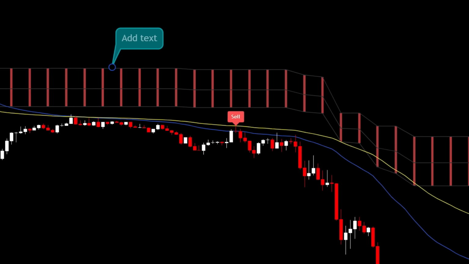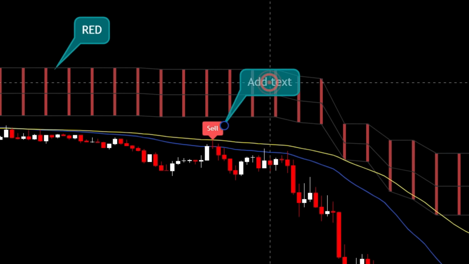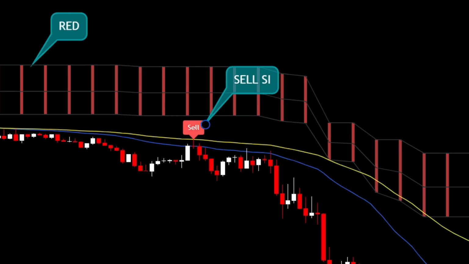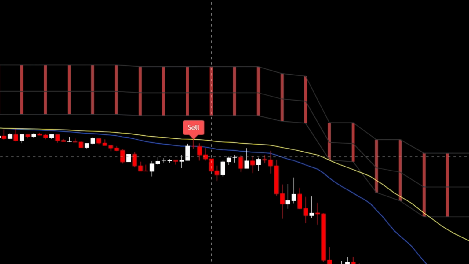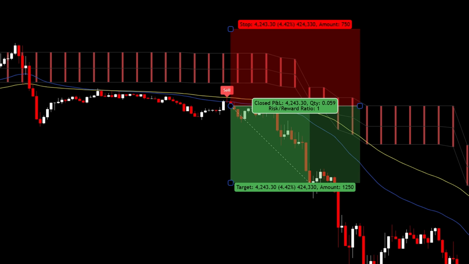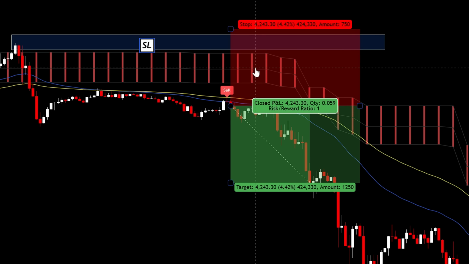Same logic works for sell trades in a downtrend. The stop loss goes above the swing high and the target is roughly double the risk. And that's the full flow of this setup.